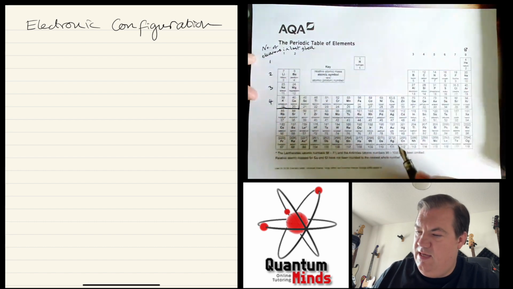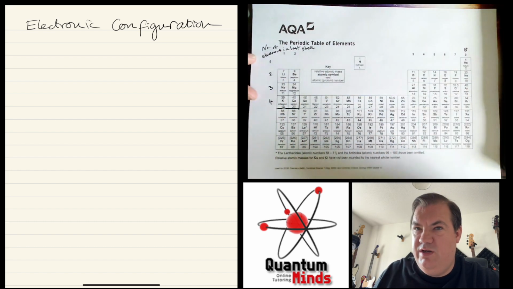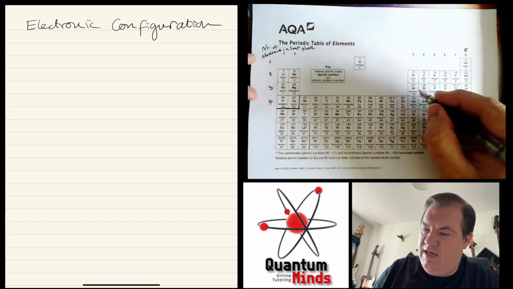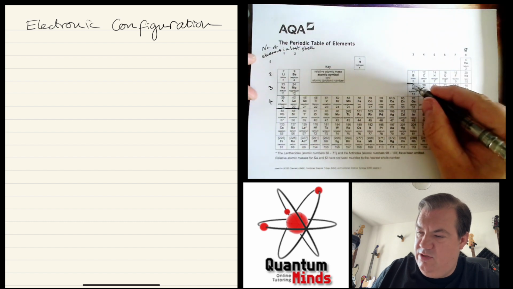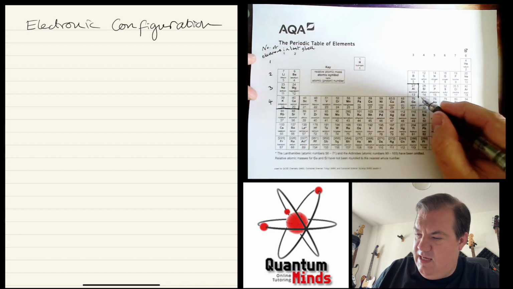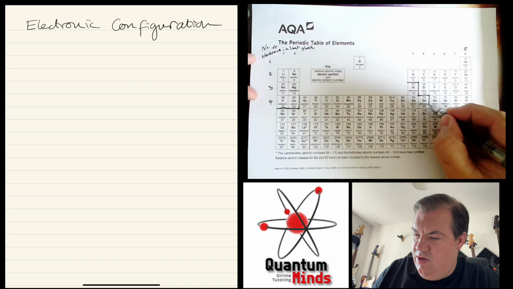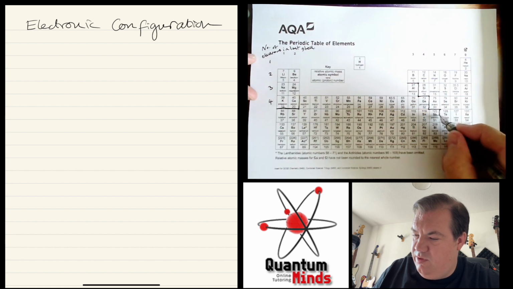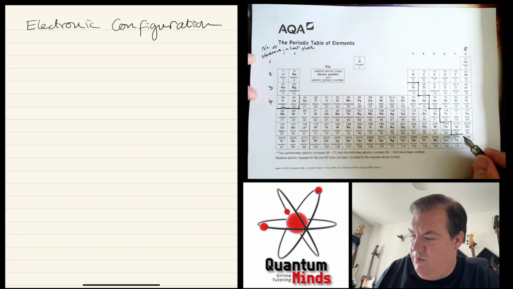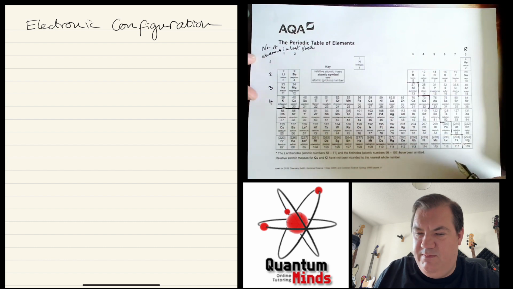And then also, it's a good thing to remember for when you're doing your ionic bonding and covalent bonding, to know where the metals and non-metals are. So it's always a good idea just to do your little staircase, which I'm sure everybody will know about. So I'm just putting that in there, doing it all the way down, even though you probably won't have to deal with any of these elements.